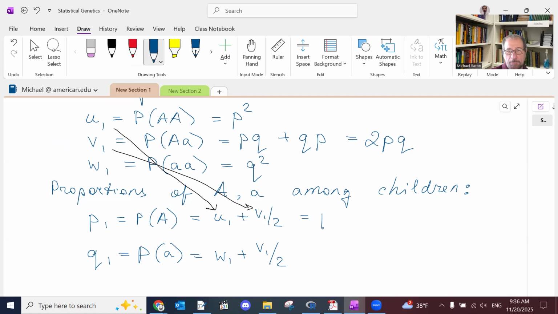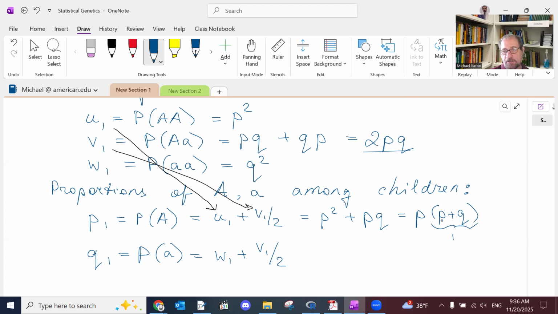P squared for U1, 2PQ divided by 2, that's PQ, for half of V1, right? Well, P can be factored. P plus Q remains, but we know that P plus Q is 1, right?